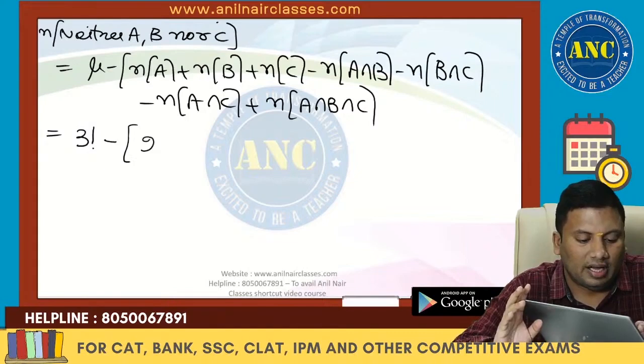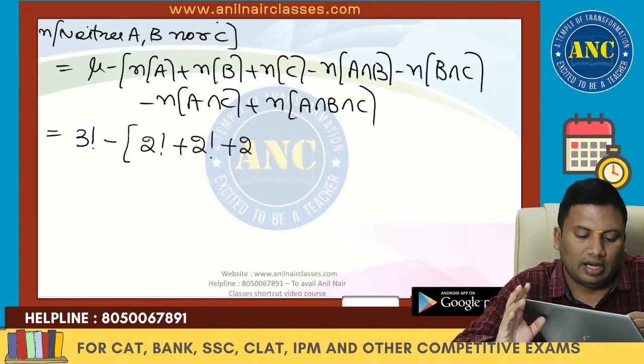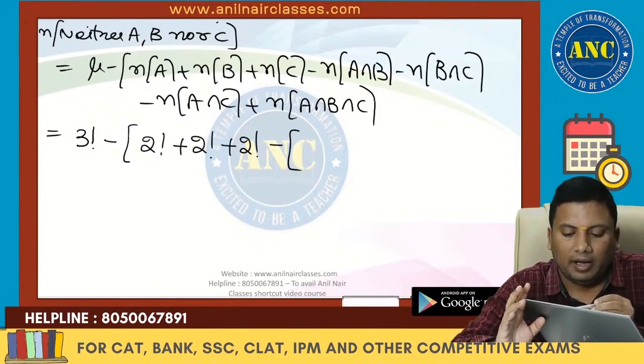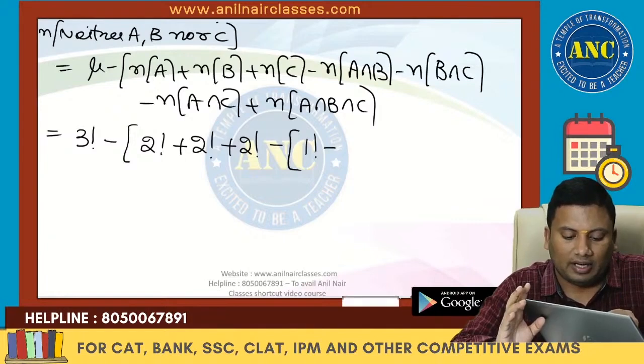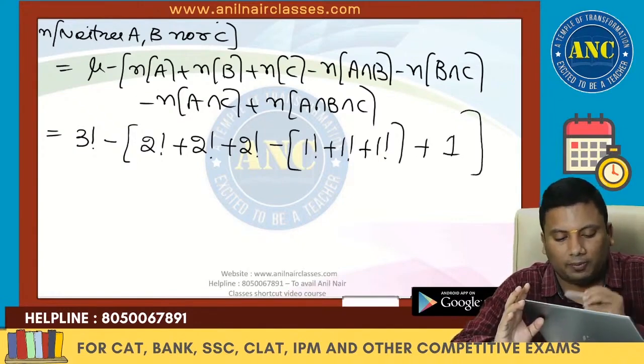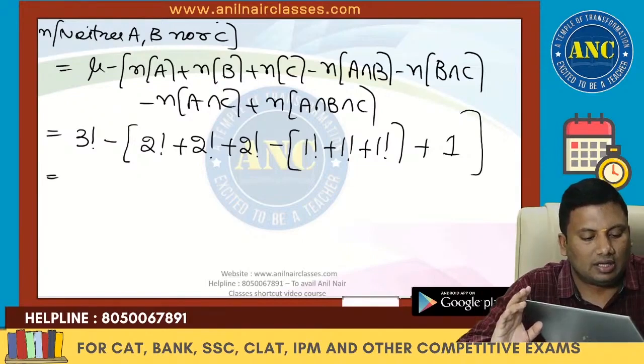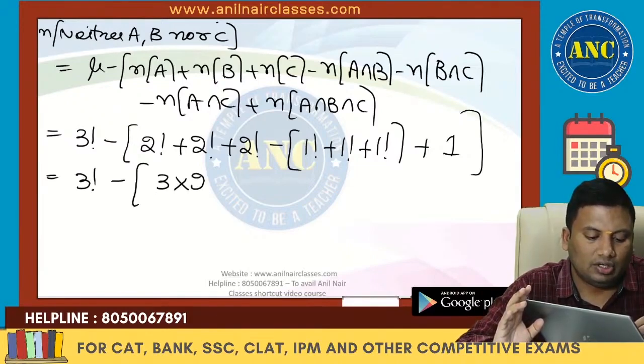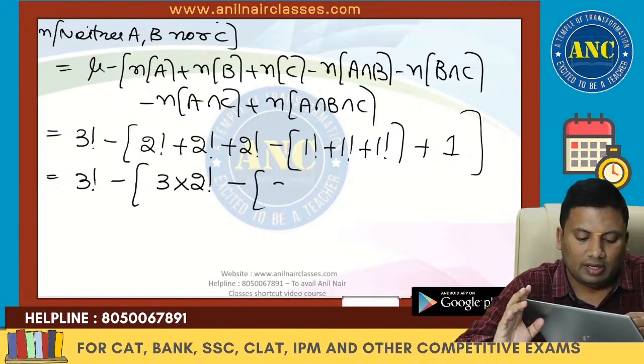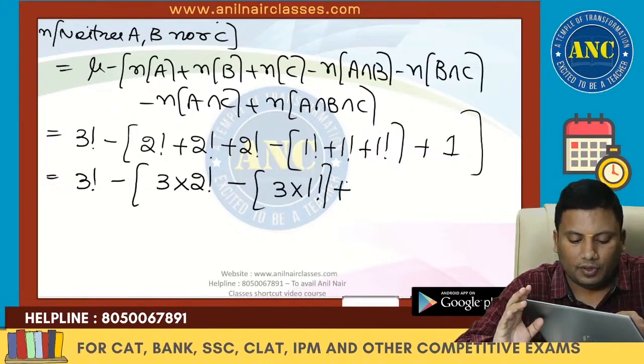N of A, I got 2 factorial. N of B, 2 factorial. N of C, 2 factorial, minus 1 factorial plus 1 factorial plus 1 factorial, plus all the 3 are in their original position, 1. These are nothing but 3 factorial. This can be written as 3 into 2 factorial. This can be written as 3 into 1 factorial plus 1.